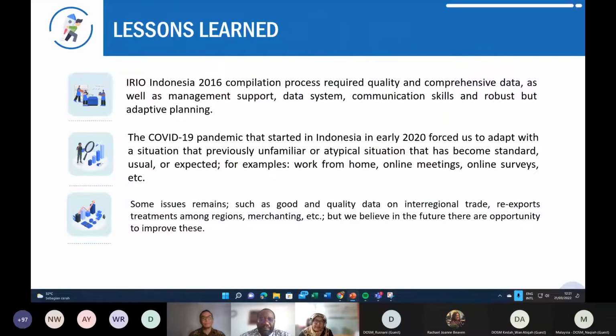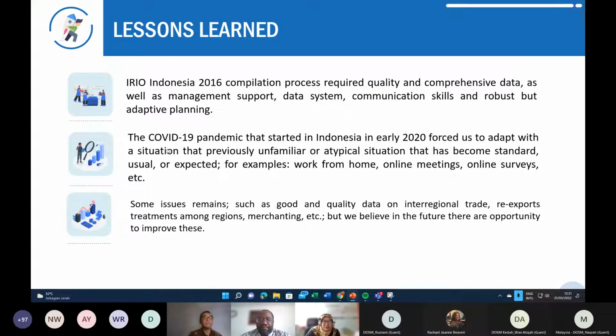The lessons learned from the compilation of IRIO Indonesia 2016: one, we need comprehensive and quality data as well as management support, a data processing system, communication skills, and robust but adaptive planning.